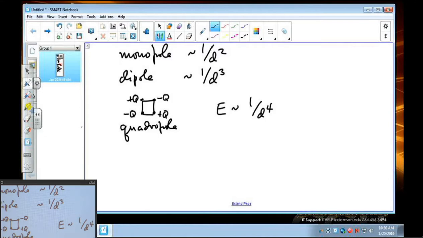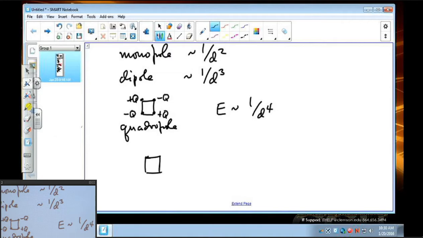How would we create the next one, extending this pattern? You want to cancel the quadrupole field by putting in another quadrupole. How would you arrange it opposite? Yeah, you want them shifted perpendicular to that plane, so take another quadrupole and shift it perpendicular to that, but switch the charges.